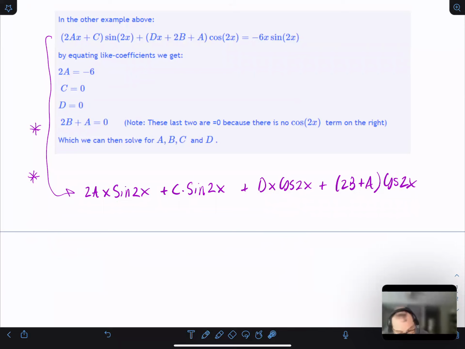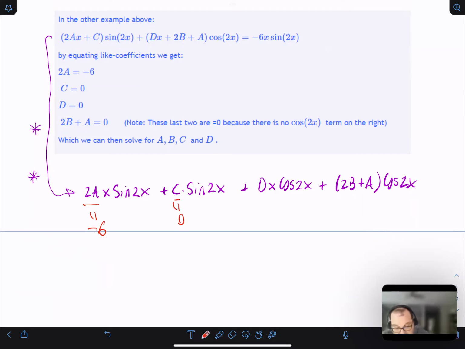So basically we would have that the 2a would have to be equal to the -6 up here. There's no other way for this to happen, yes? There is no sine 2x term, so that tells us that the c is 0.